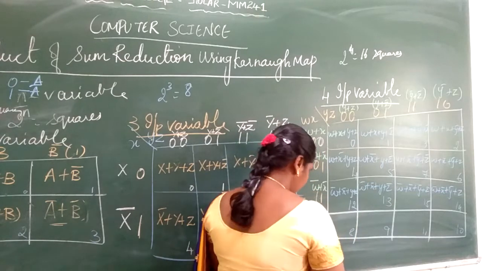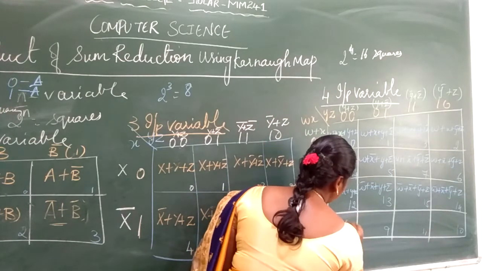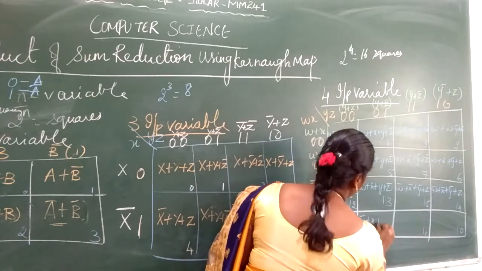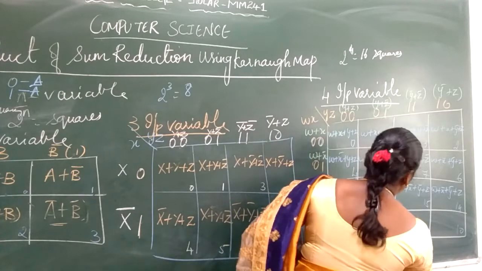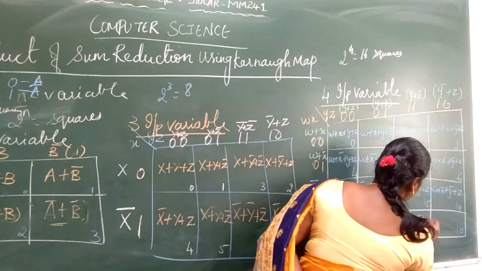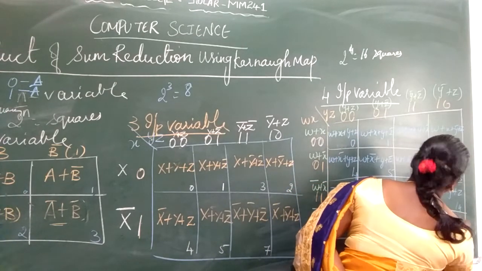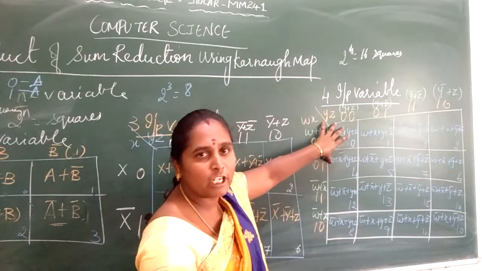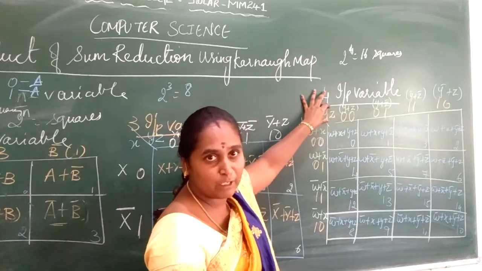Last, w bar plus x plus y plus z, w bar plus x plus y plus z bar, w bar plus x plus y bar plus z bar, and w bar plus x plus y bar plus z. So this is your 4 input variable case, where I am using wx and yz as my input variables.